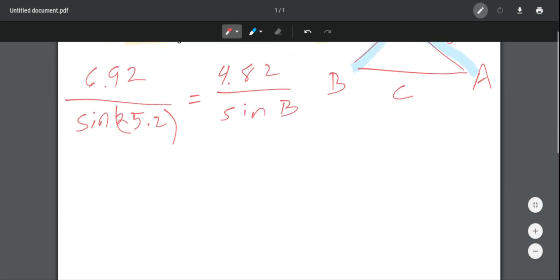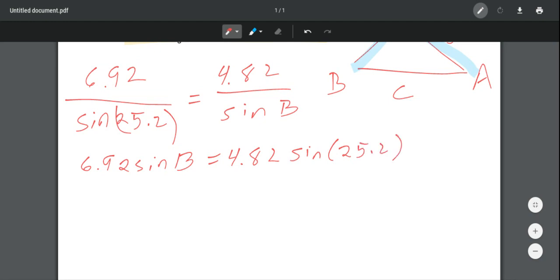So if I take a look, I can cross multiply. I get 6.92 sine of B is equivalent to 4.82 sine of 25.2. Now to find B, I have to first isolate the sine of B. So I'm going to divide by that 6.92.